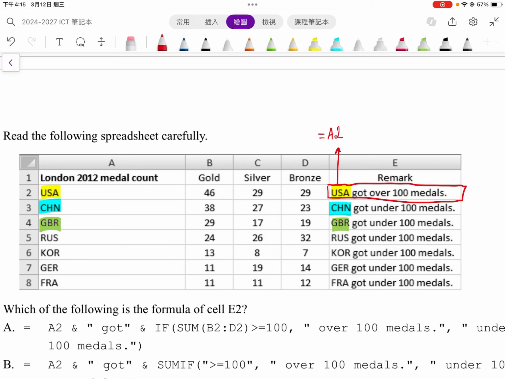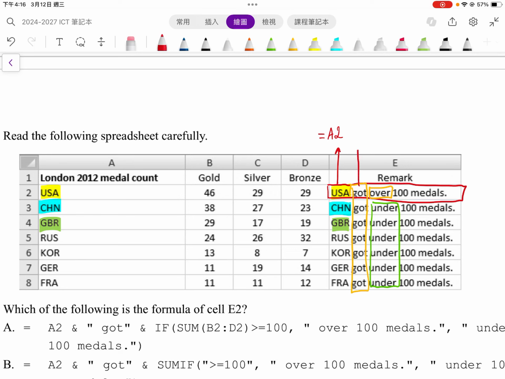And then after that, you can see that for every record, no matter which country you are from, you still have the "got", but there is a difference in the next word. We have over, we have under.